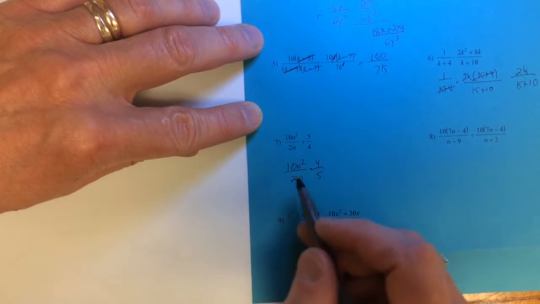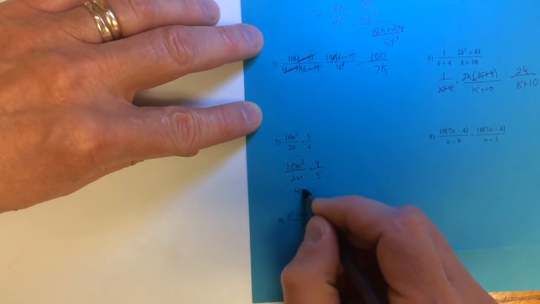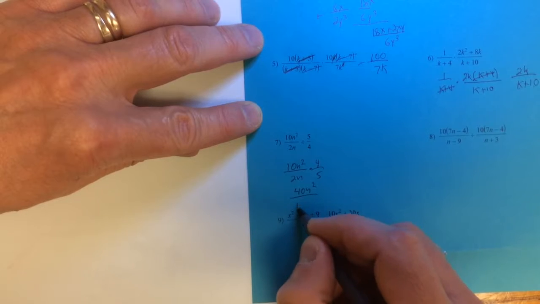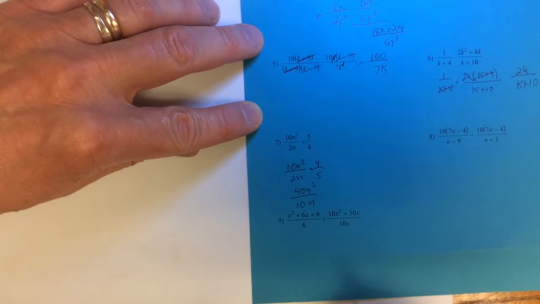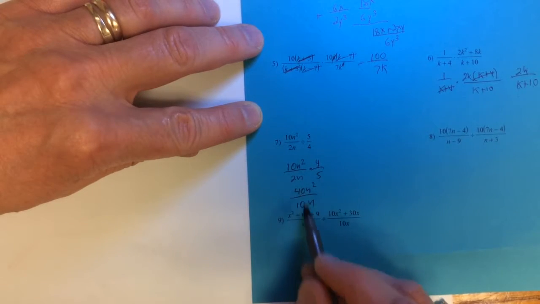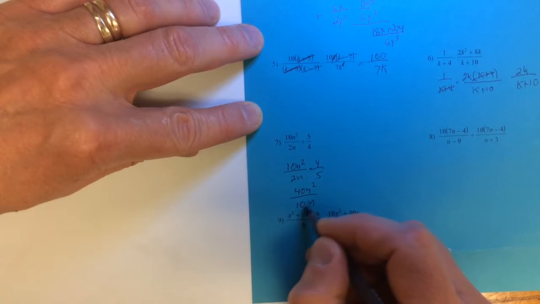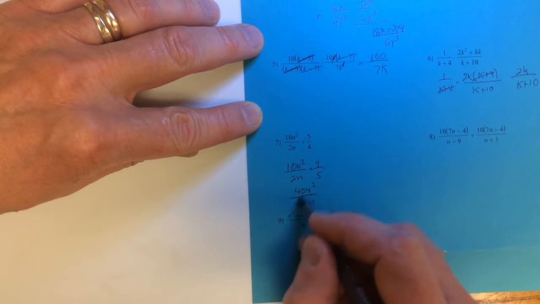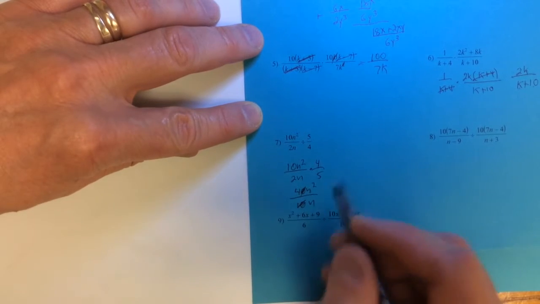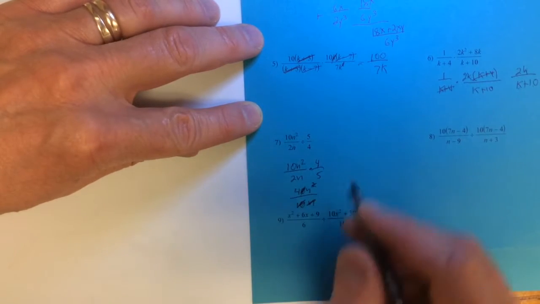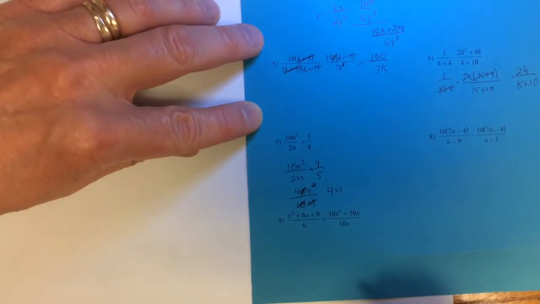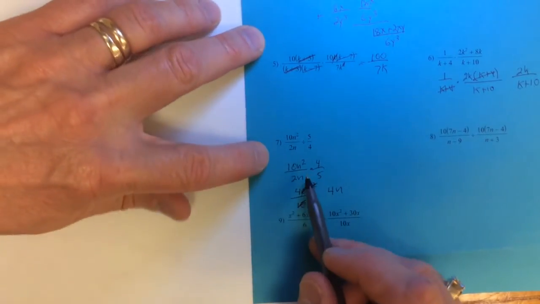So if I multiply, you got 10 times that is 40n squared over 10n. Last thing you do is reduce. Of course, 40 and 10 reduces. I can divide that by 10, so that would just give me 4. And n squared divided by n, I can cancel this n with one of those, so that would just give me 4n.